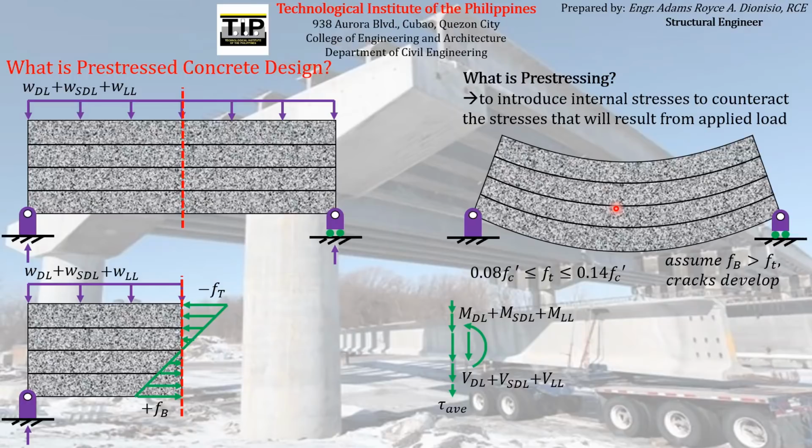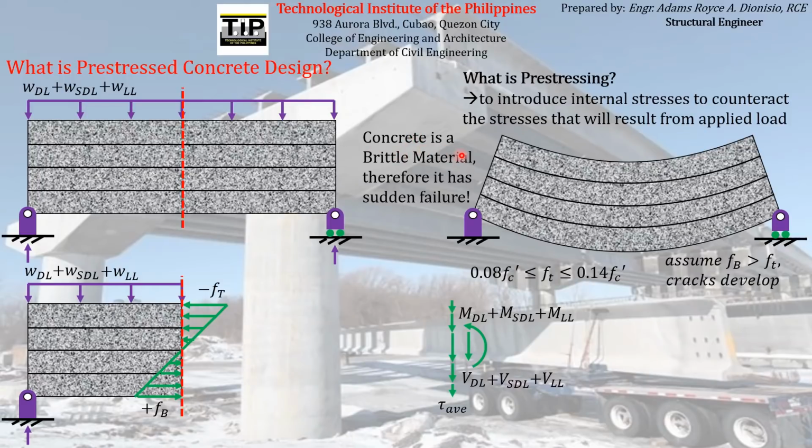Why will a crack easily propagate up to the topmost fiber of a concrete beam? Because we all know that concrete is a brittle material.